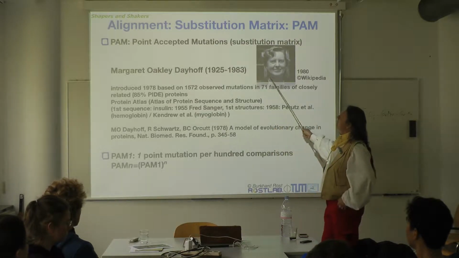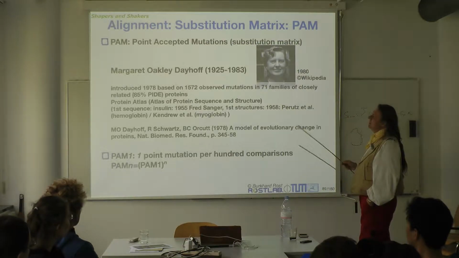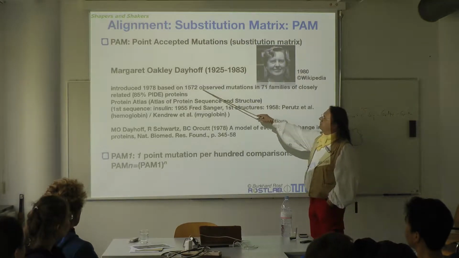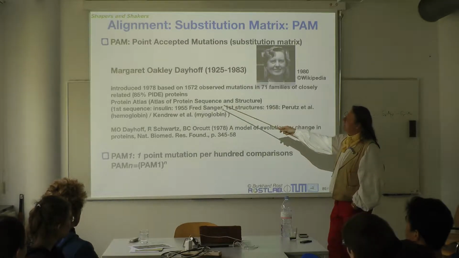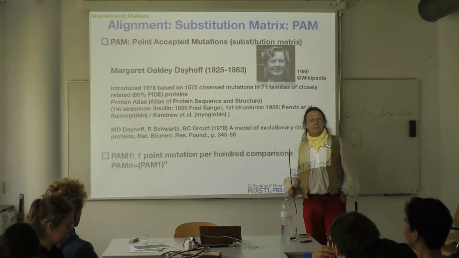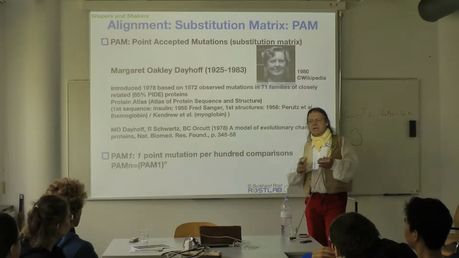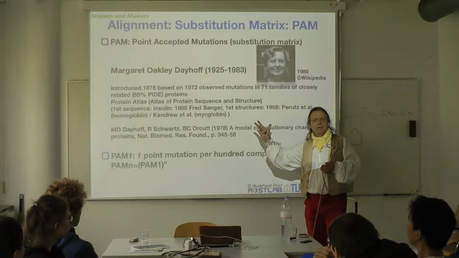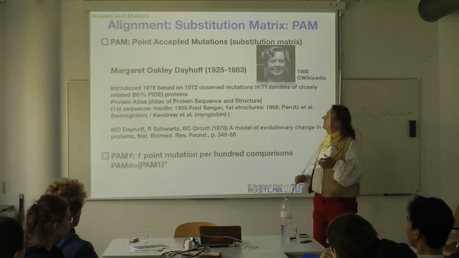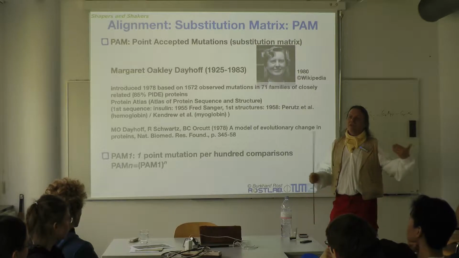But historically, this is Margaret Dayhoff, and she had about 1,500 different sequences, proteins in 1978, that she simply all aligned. She aligned with her eyes, in fact, postulating that she has a feeling for alignment.